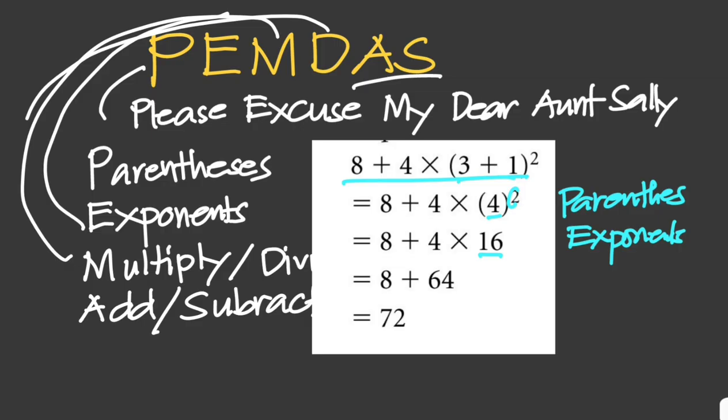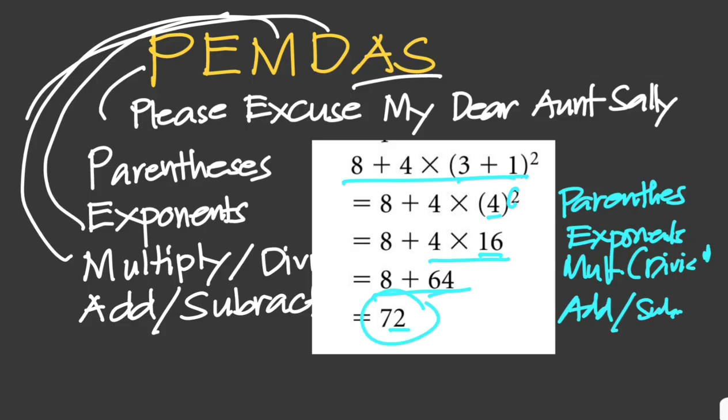Then multiplication and division. So we can perform 4 times 16. Then we have 64. So this is multiplication or division. Then lastly, we have addition or subtraction. We get this answer.